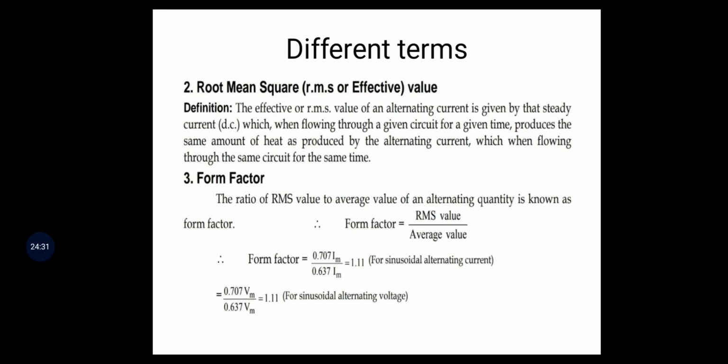The effective or RMS value of an alternating current is given by that steady current (DC) which, when flowing through a given circuit for a given time, produces the same amount of heat as produced by the alternating current when flowing through the same circuit for the same time.